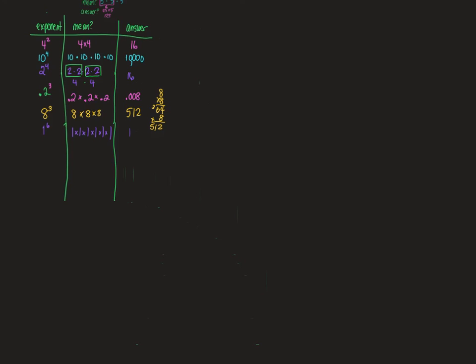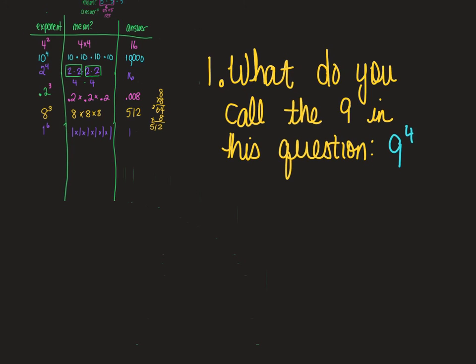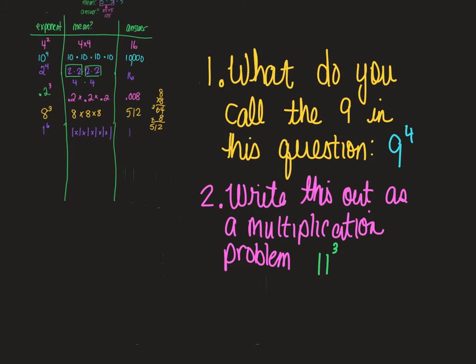Video question number 1. What do you call the 9 in this question? 9 to the 4th power. What is the 9 called? Next question is, write this out as a multiplication problem. 11 to the 3rd power. What would that look like as a multiplication problem?